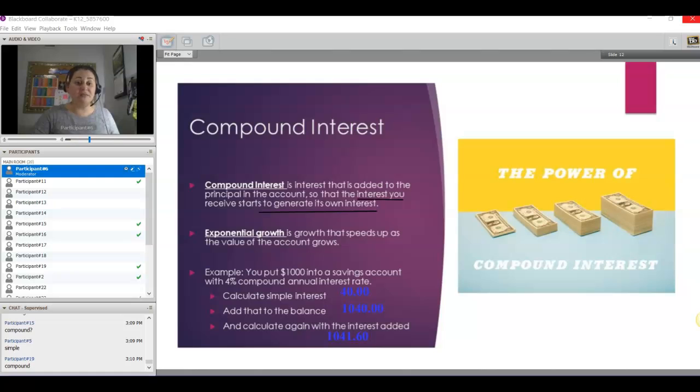So when you ask yourself when you get paid more, simple or compound, it's going to be compound interest because you're building interest on interest, okay? When you get those big higher numbers, it just keeps generating faster and faster. So compound interest would probably be your best bet when you're talking about which pays more, okay?